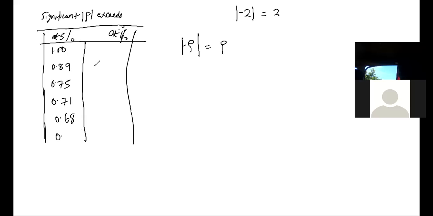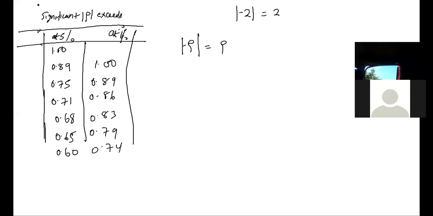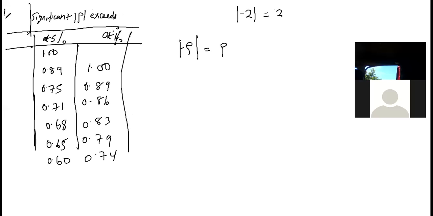Then this one began with 1.00 here, 0.89, 0.86, 0.83, 0.79, 0.74. Then you should match it with the number on the other side. Number of what? Pairs. We had number of pairs. I wanted someone to give me an example.